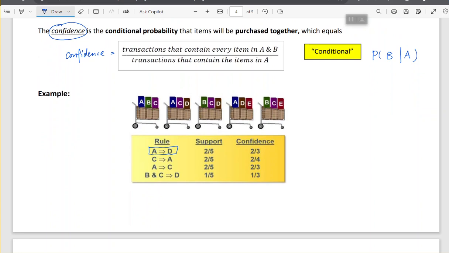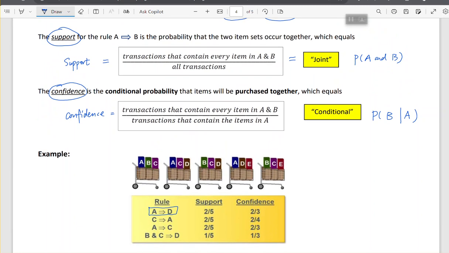We say the support has the formula of this one, right? Okay, so in this case, we want the support of A implies D. By the formula, support equals, out of all the transactions, how many of them contain both A and D, right?